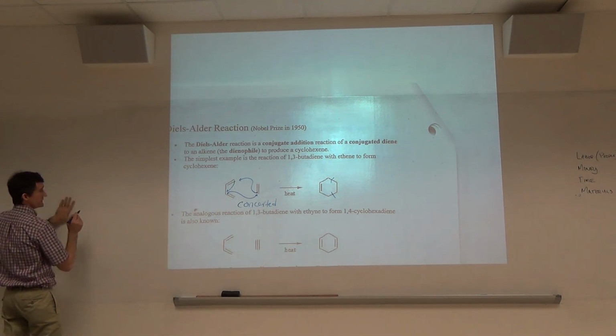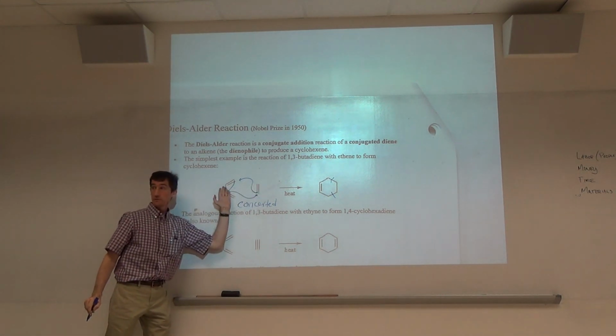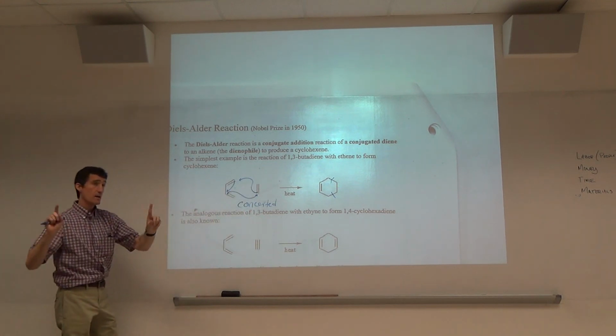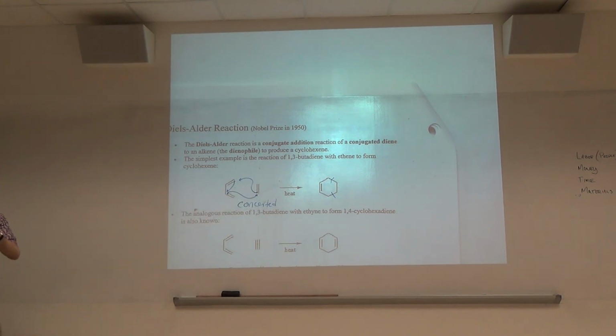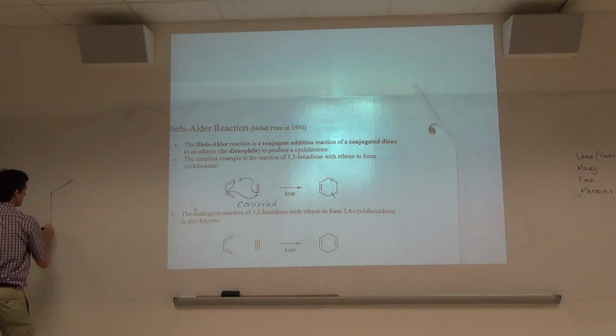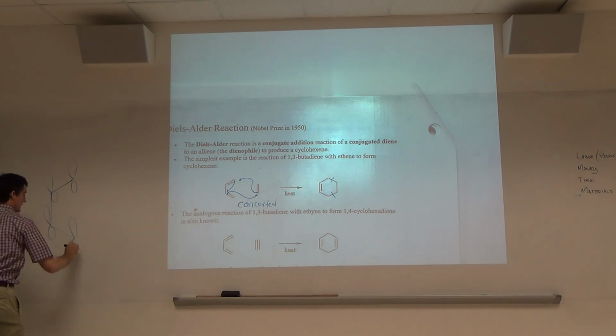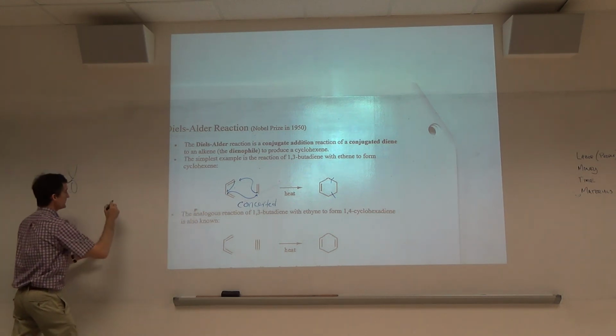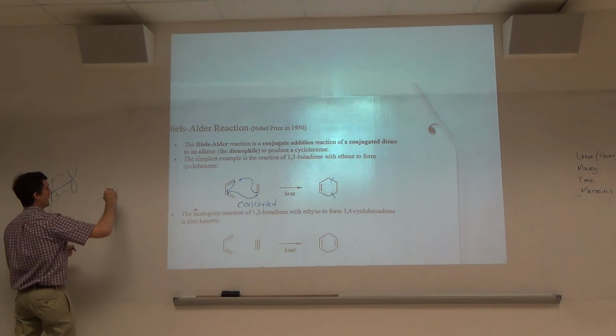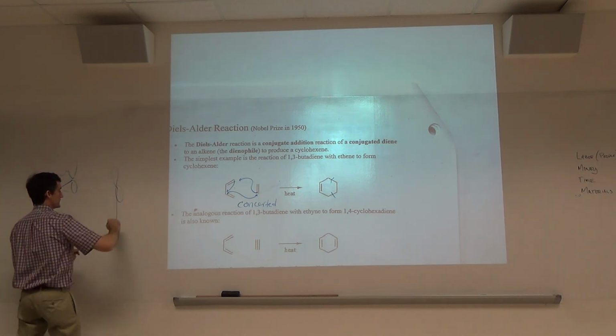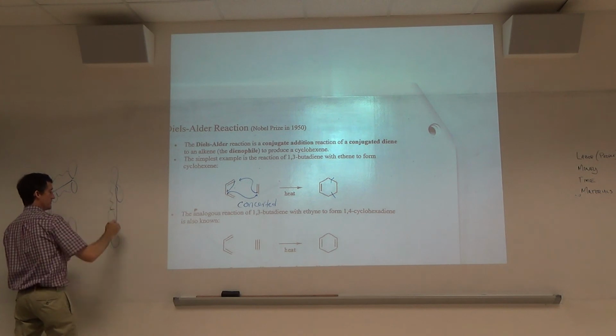We can envision this as basically overlap of p orbitals. It's like a pi system, but it's not within one molecule. If it was within one molecule, we would call it resonance. What do we have here? Don't we have 4 p orbitals? That's a pi bond, and that's a pi bond. Of course, there's overlap here. The other molecule approaches. I'm going to draw these p orbitals like this. But isn't that also a pi bond?